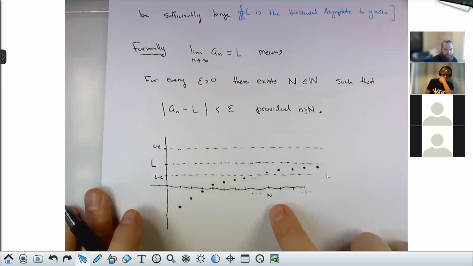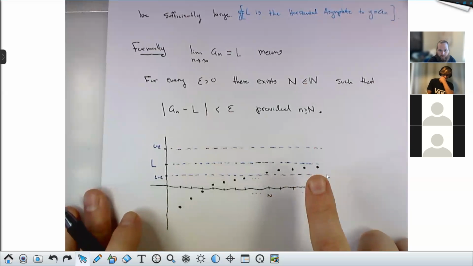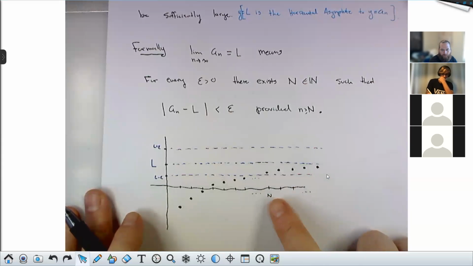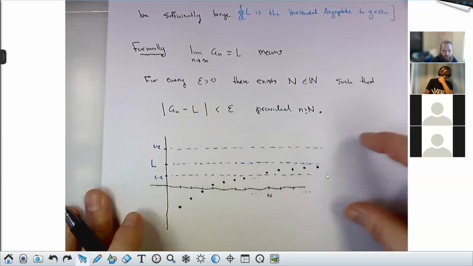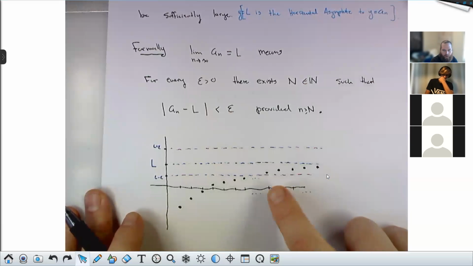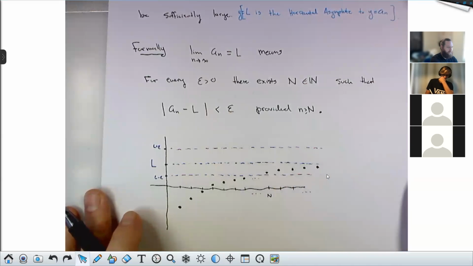And as that happens, this N is going to get bigger and bigger. But as long as the sequence does the thing that we want it to do, right, have the terms get closer and closer to the blue line, then there will always be some capital N, no matter how narrow this window gets, such that all the terms of the sequence from that capital N on are stuck in that window.